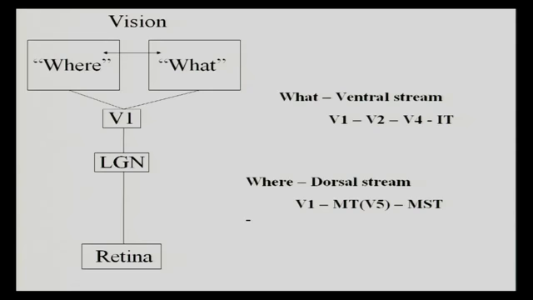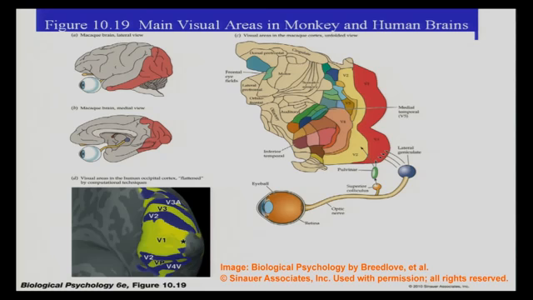Okay? And so one classic set of experiments was done way back in the 1970s, when Semir Zeki discovered that one of these pre-striate areas called V5 or MT or MST had a whole preponderance of neurons that were responsive to the direction of movement.